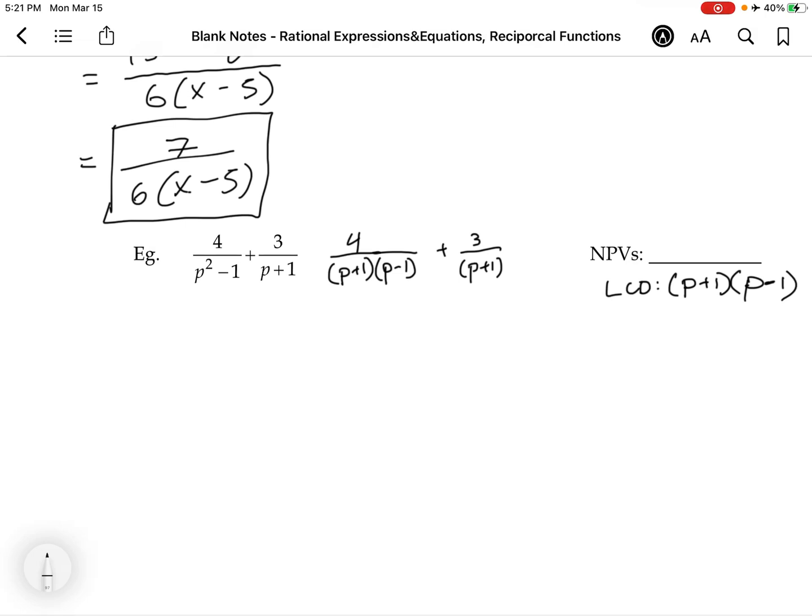And I'm going to ask myself, do I already have that factor in my LCD? And the answer is yes. So I don't need to put it in again. It's already covered. This is my LCD, p plus 1 times p minus 1. So my non-permissible values here are plus and minus 1. You could write that as negative 1 comma 1, or you could write it this way.